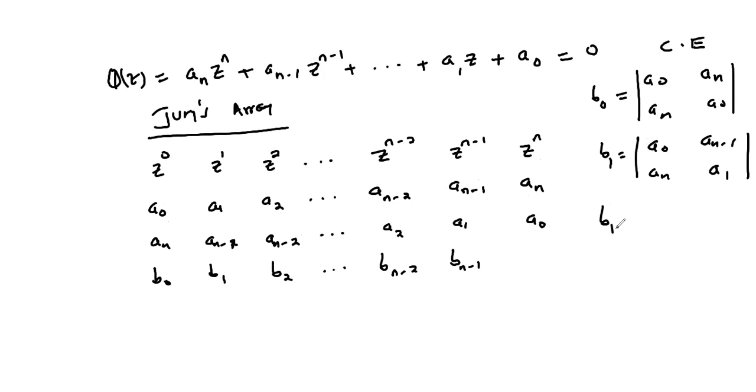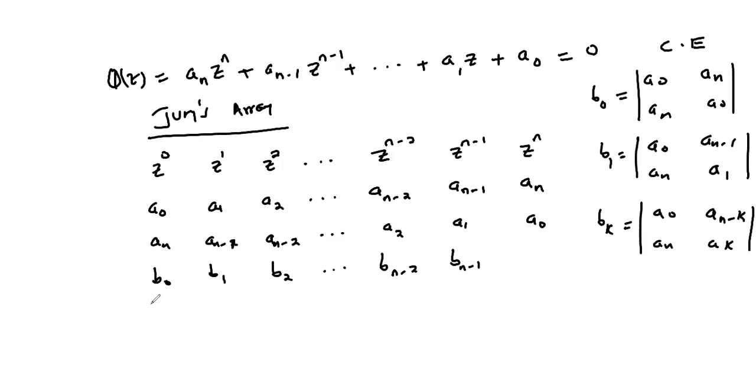of the third row. So any kth term of the third row can be obtained as the determinant of a_0, a_n, and then a_(n-k), a_k.